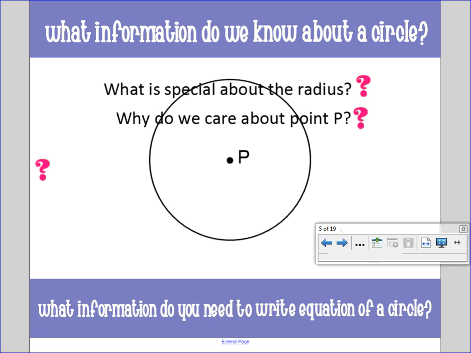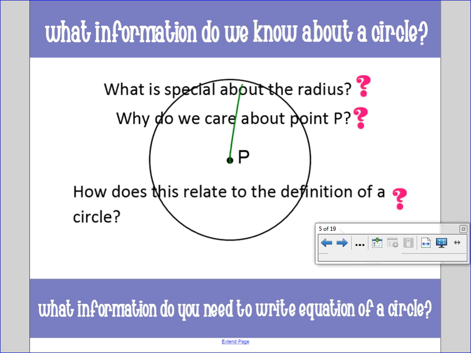So basically it takes a center and a radius to make a circle. Those are the only two things you need, so that the radius can go around that center and create your circle. So that's how it relates to that definition of a circle.